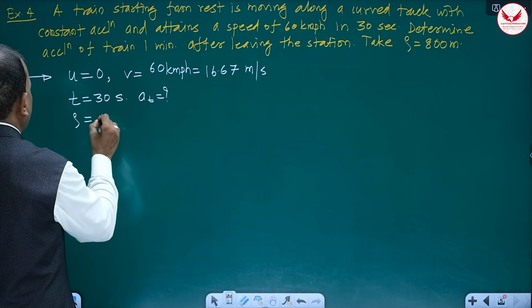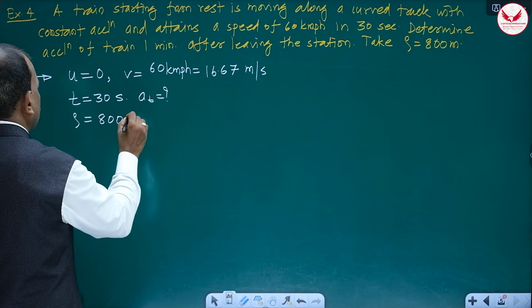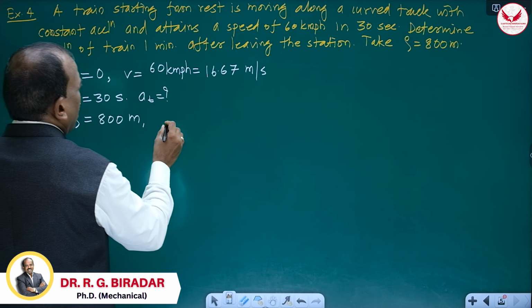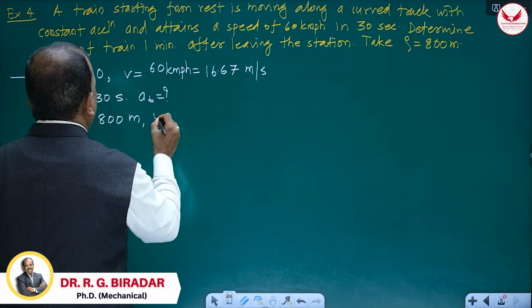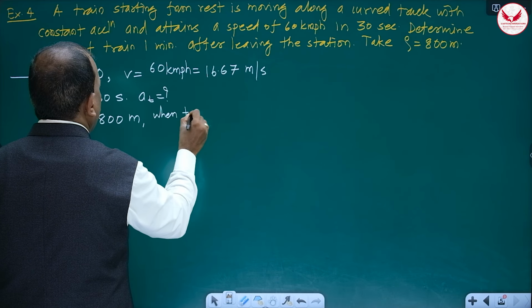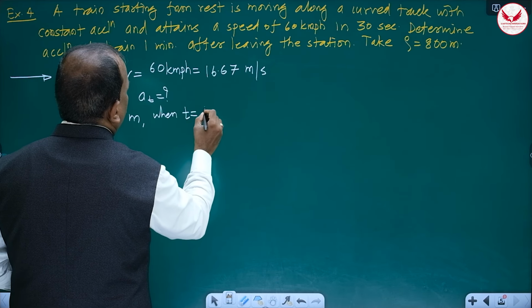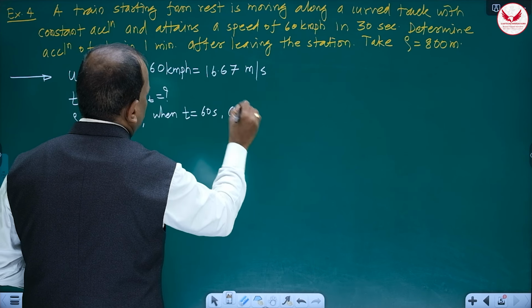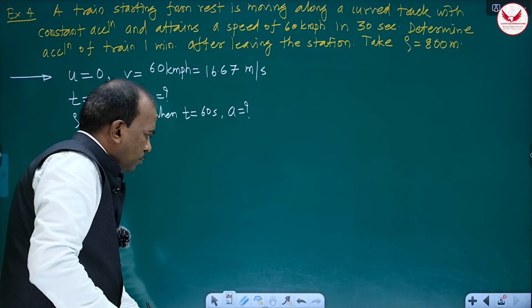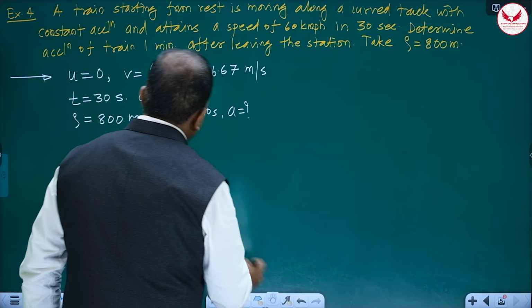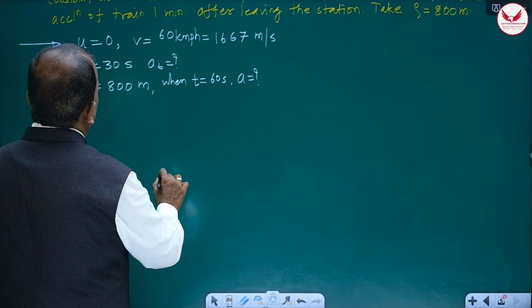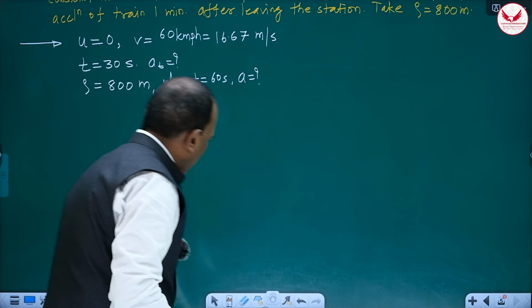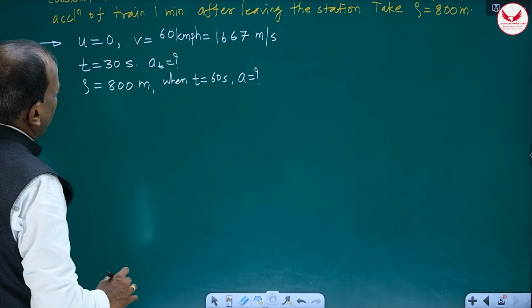So that rho is also given, 800 meter, and when t is equal to 1 minute means 60 seconds, what is A? So this is the overall example, means whatever the data is given, it is something like this. Then from this again, what we can get?